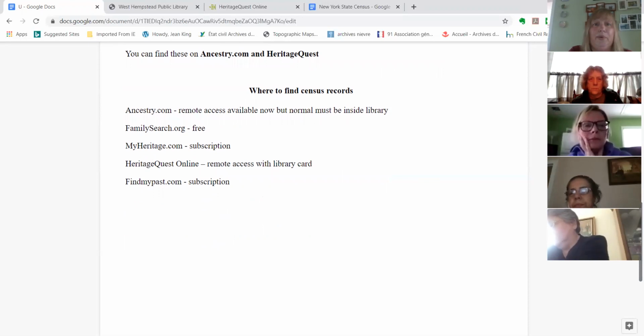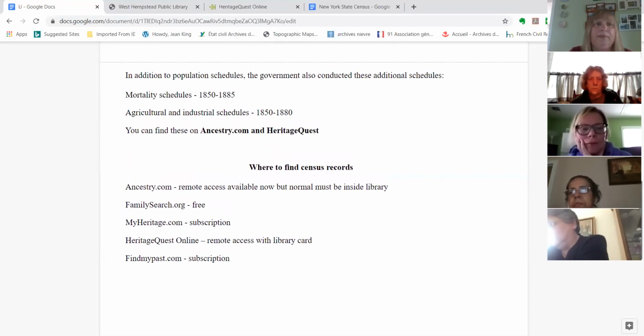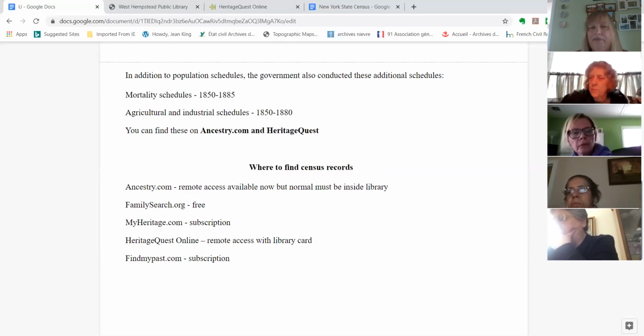And then, so with these, the mortality schedules, these agricultural schedules, I've found on Ancestry.com and Heritage Quest. And Heritage Quest we always have free through the library.